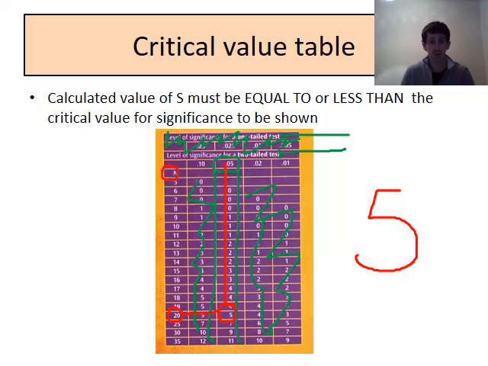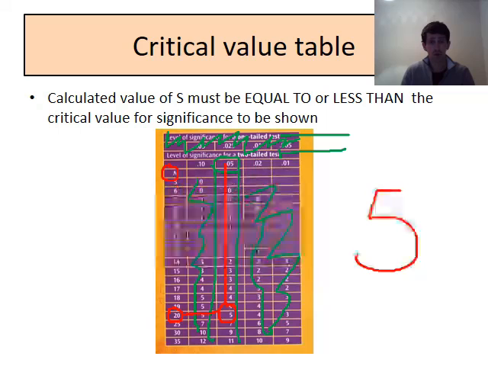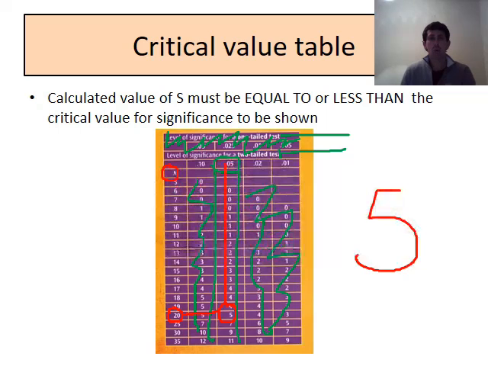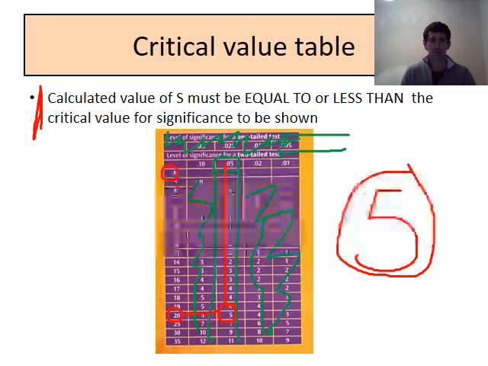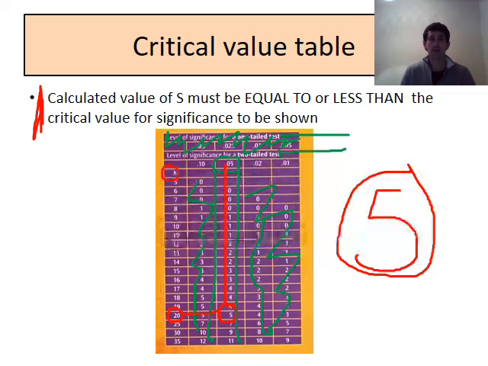If you had 13 people here, you'd move along at the number 13 and see what falls in that 0.05 column. Once you've got your critical value, which for us is the number 5, you read this little bit of writing which will be above or below the table. For us it says the calculated value of S, the one we've already got, must be equal to or less than the critical value for significance to be shown.